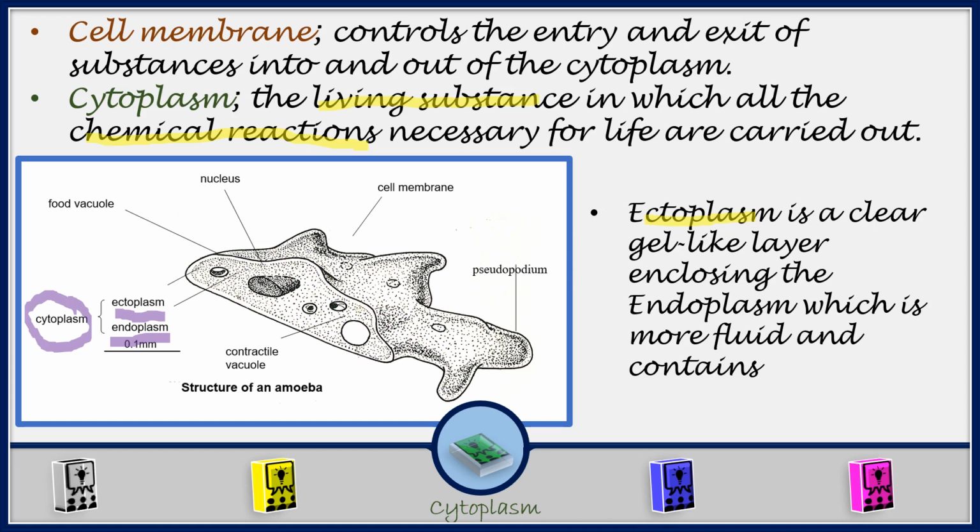The outer layer, which we are seeing outside, is what we are calling the ectoplasm, the one found outside of the cytoplasm but within the cell membrane. Then the part that we are seeing inside is what we are calling the endoplasm. So that's what makes up the cytoplasm.